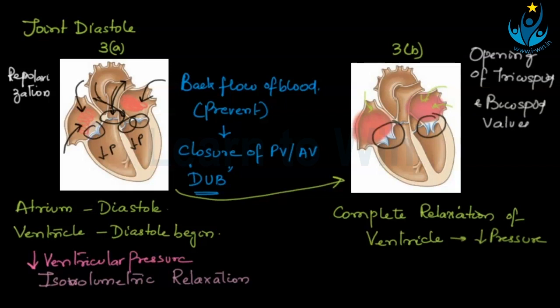Why will the blood not flow? Because the atrial pressure is still not at the level of contraction. Atrial contraction just did not happen. Why? Because the atrium is also relaxed.